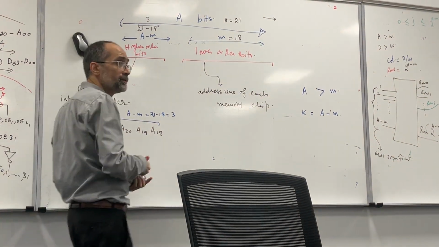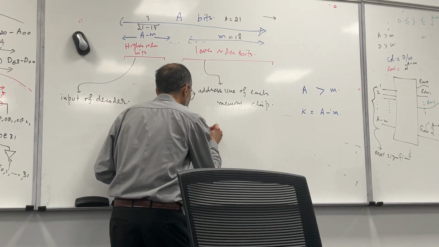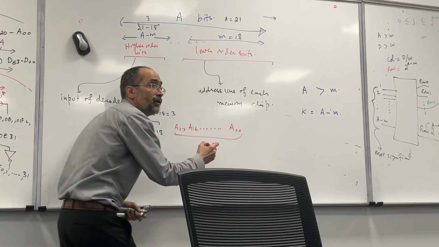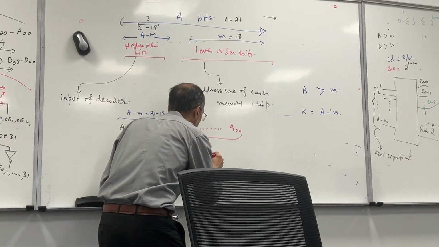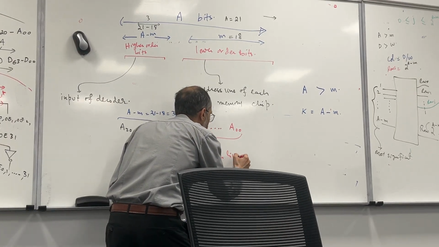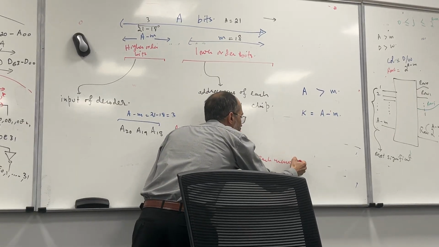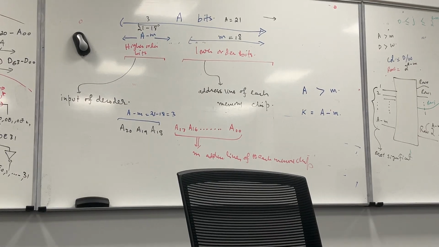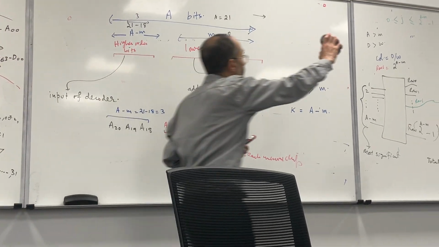The lower order bits, A17, A16 and so on until A0, are connected to the M address lines of each memory chip. Clear? Any question? Okay, now I'm going to rub it off and explain it here.